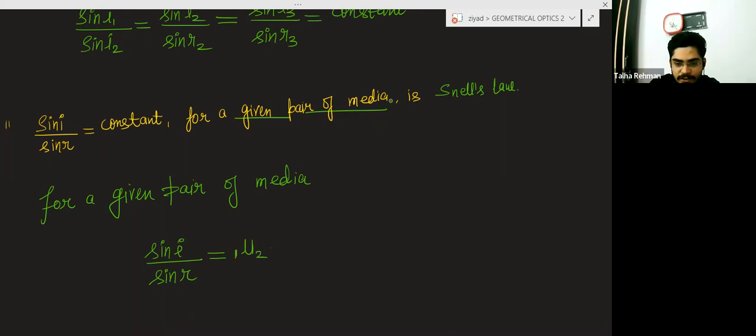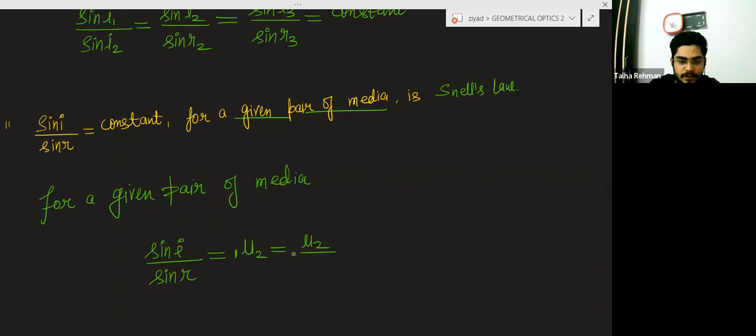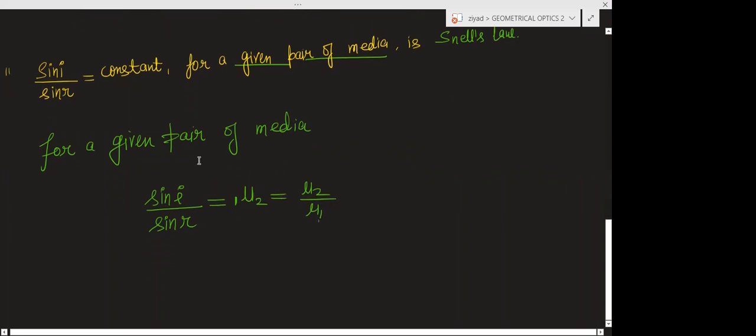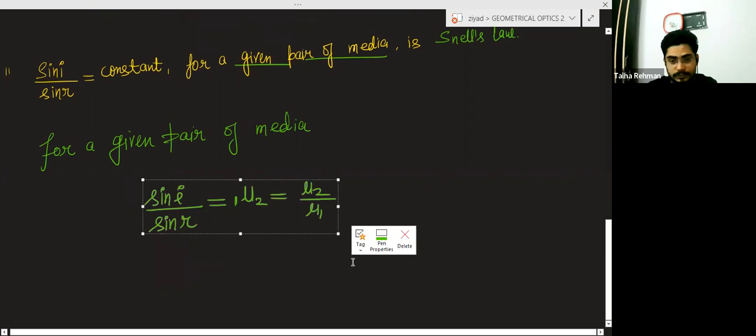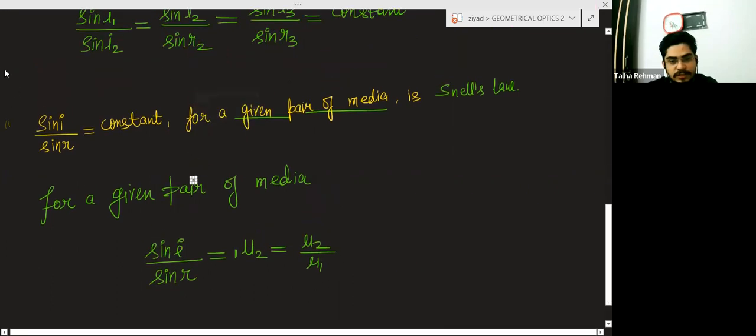And we know that the refractive index of medium 2 with respect to medium 1 can be represented by mu2 by mu1. This relation is very, very important. This is Snell's law.